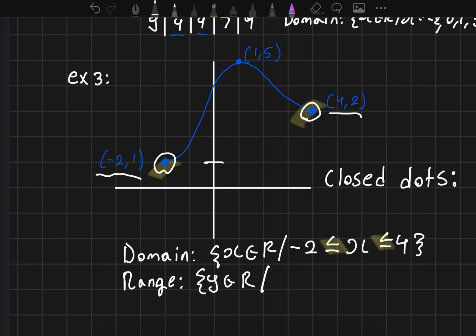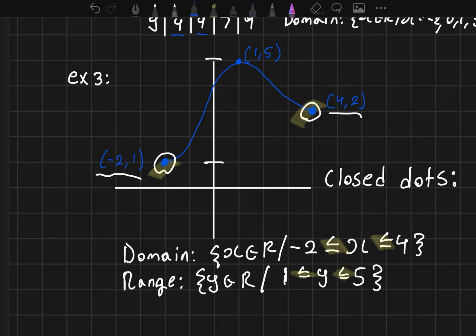So 1 is smaller than or equal to y, and y is smaller than or equal to 5. And that is the same concept. We use smaller than or equal to because they are closed dots.